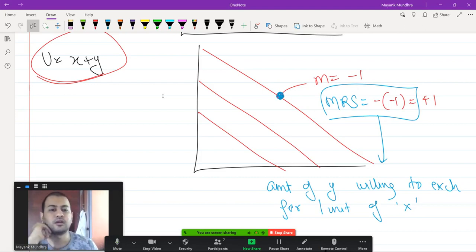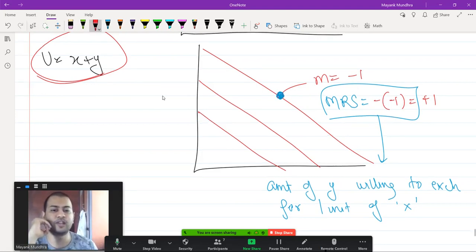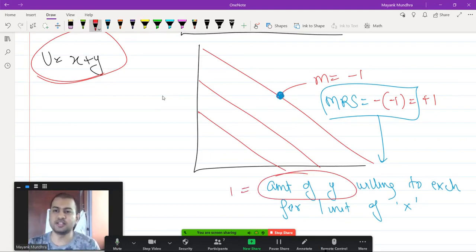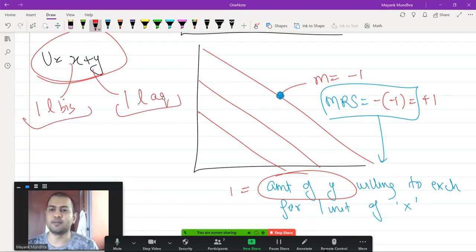Okay. So this value, the amount of y that you are willing to exchange for 1 unit of good x, becomes 1. So in this example, x was 1 liter Bisleri and y was 1 liter Aquafina. So you are willing to exchange 1 unit of Aquafina bottle for 1 unit of Bisleri bottle.